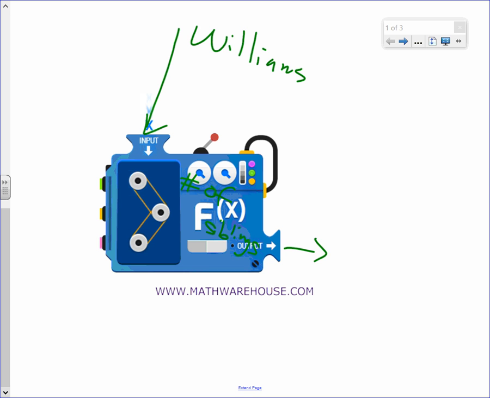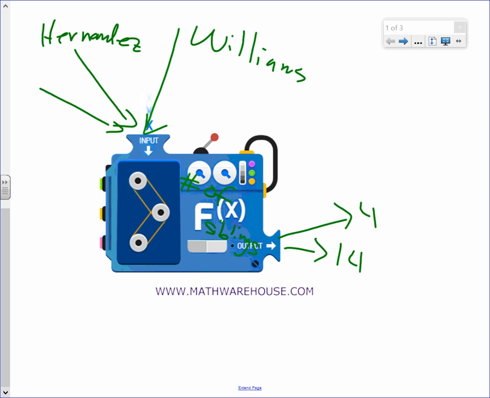Hit it. My mom. Oh, 13. Okay, so my mom, she had 13. She had a lot of siblings too. All right. Here we go. Hernandez. Hernandez is an input now. Hit it, Hernandez. Castillo. 8.